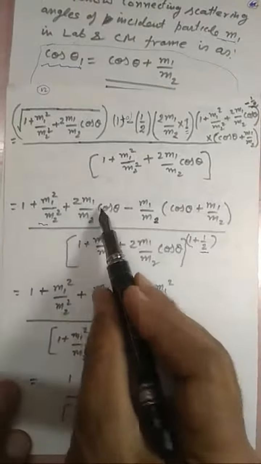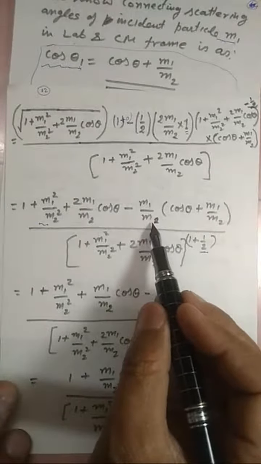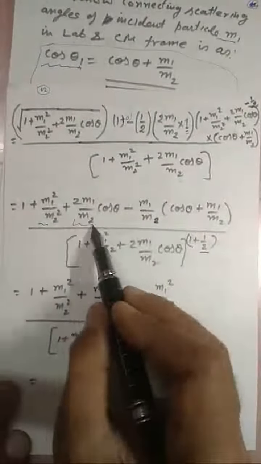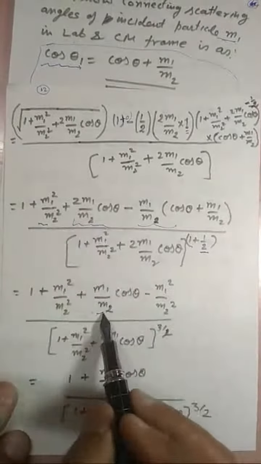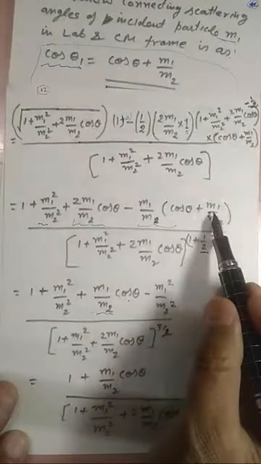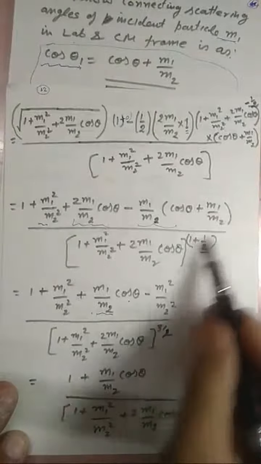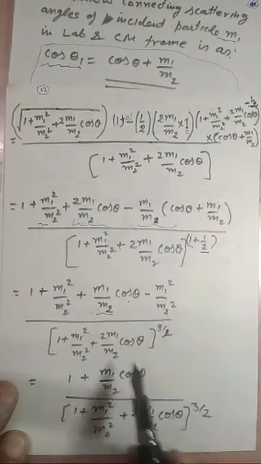On solving this term, 2m1 cos theta divided by m2, and this m1 by m2 cos theta, both are the same term. So we are left with twice of this, we get m1 by m2 cos theta, and this on multiplying with m1 square by m2 square. Okay, and in the denominator we get this.